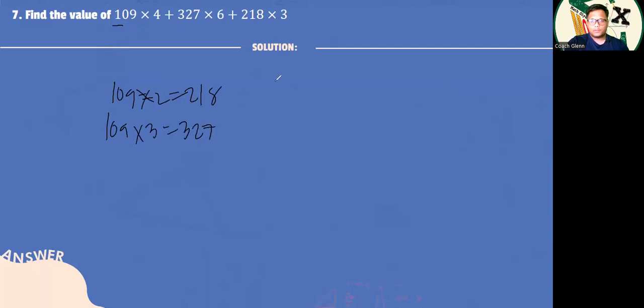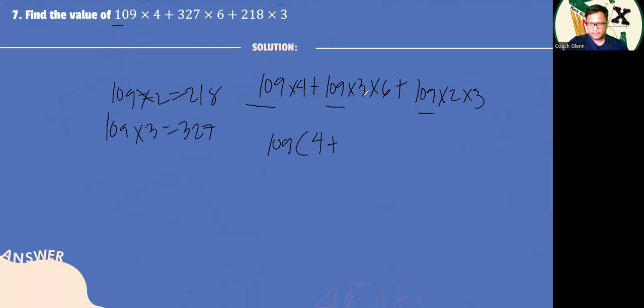So we have 109 times 4 plus 109 times 3 times 6 plus 109 times 2 times 3. So what we can do here is take out 109. So we have 4 plus 3 times 6, that's equal to 18, plus 2 times 3, that's equal to 6.